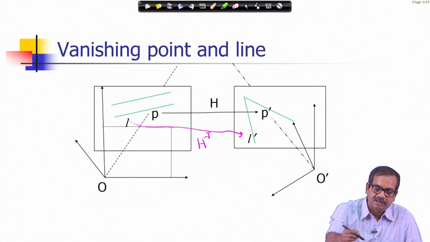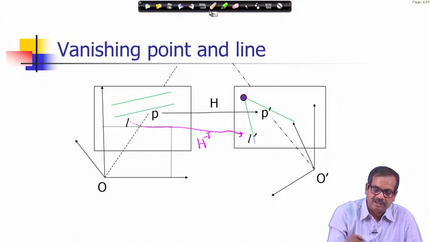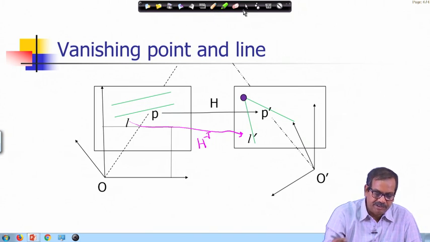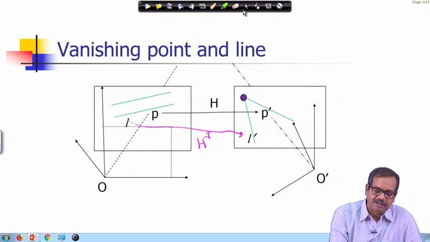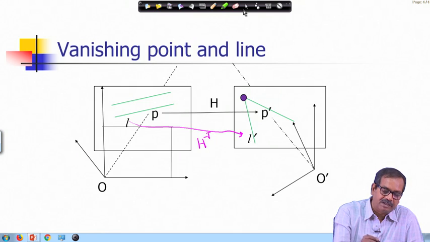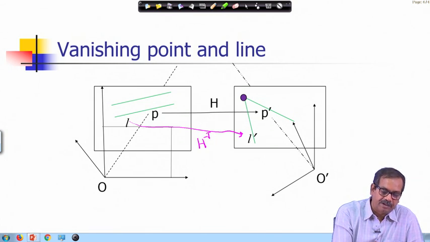Now, this point is called the vanishing point of these straight lines. The interpretation of this vanishing point in the transformed space can be given very easily if we understand what the intersection between these parallel lines in the original space is.